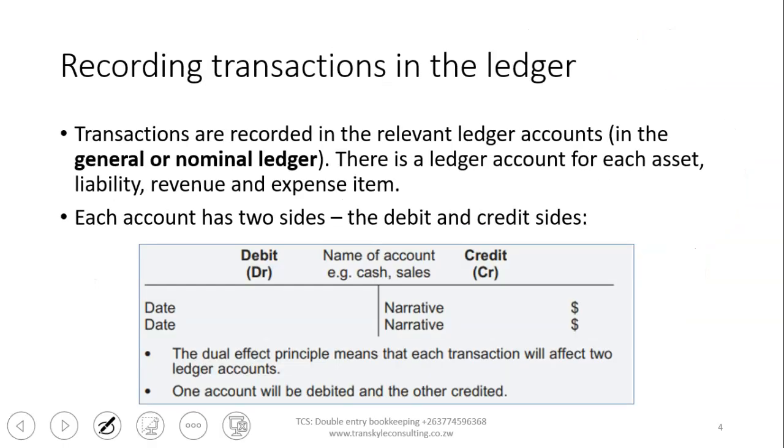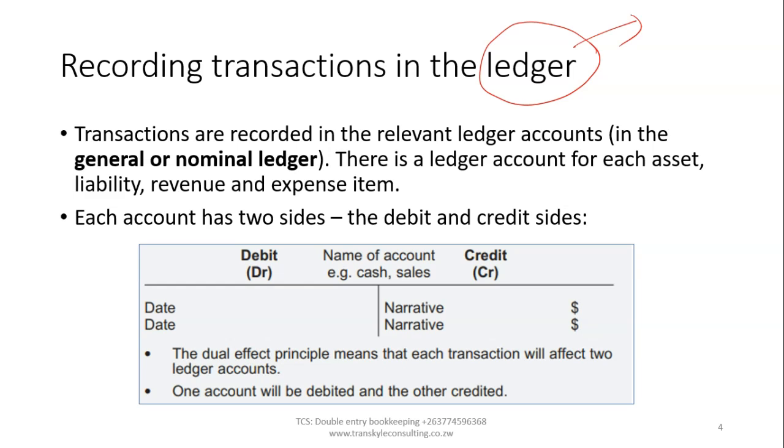Recording transactions in the ledger. Transactions are recorded in the relevant ledger accounts, that is, in the general or nominal ledger. When we are talking of a ledger here, this is an accounting record where all financial transactions are recorded.